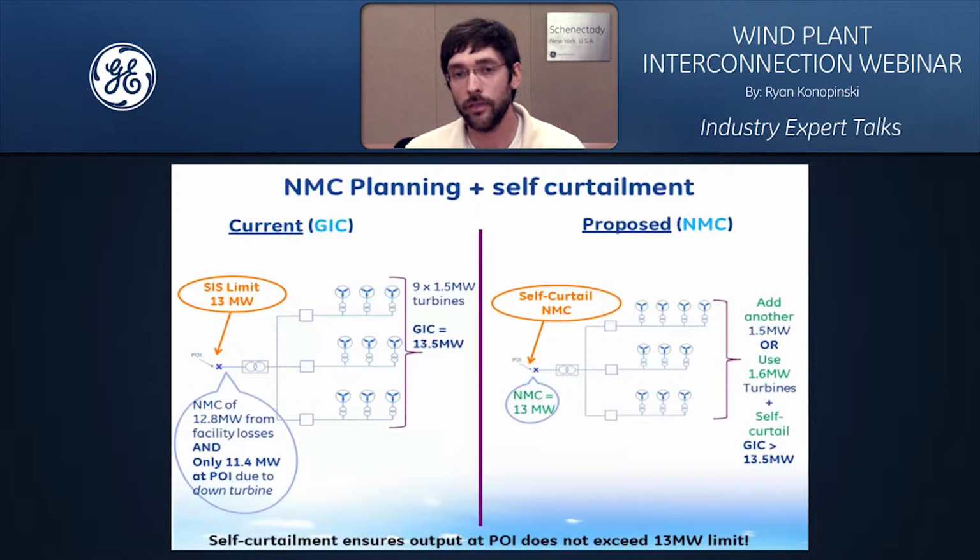In this case, the total group installed capacity of the facility is much less than in the original case, but utilizing a self-curtailing mechanism, you could guarantee that the net injection of the facility is equal to and does not exceed the reliability limit of the interconnection location. As such, the self-curtailment ensures that the interconnection limit is not exceeded, and so you're capitalizing on the most net injection that a facility could provide at a given location.